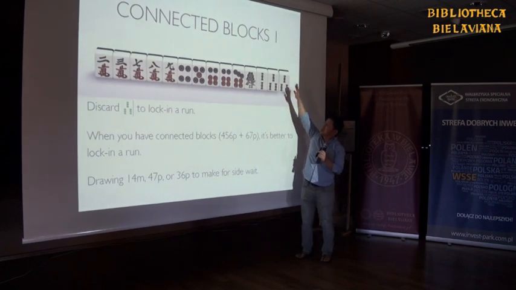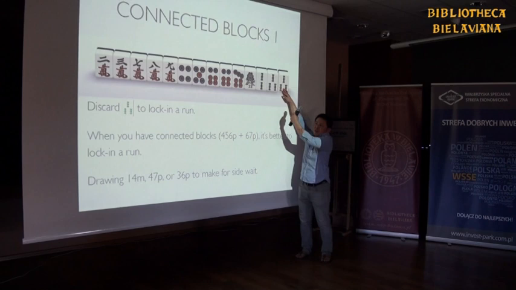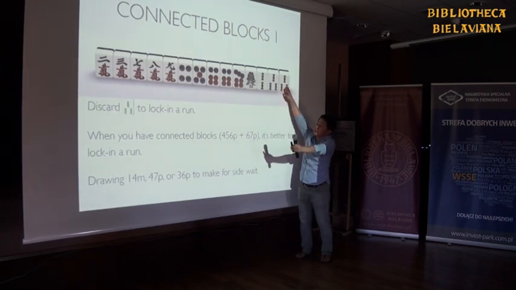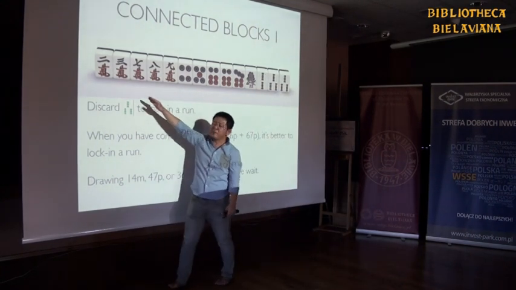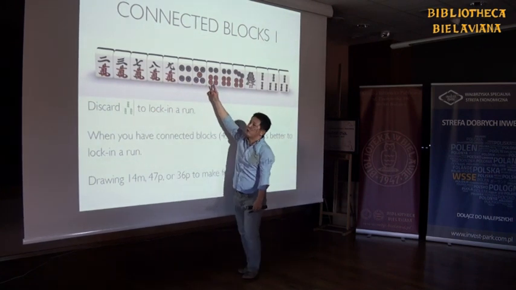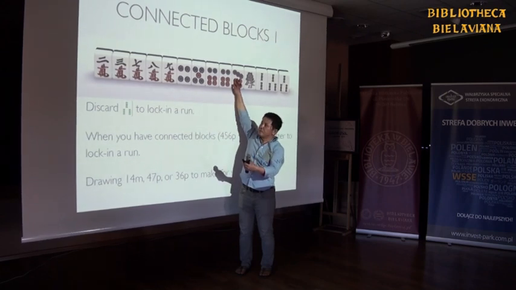So discarding 3 means that we are locking in a run without having any pair. But that's okay. That's actually recommended when you have connected blocks, because even if you draw a Ryanmen first, 1, 4, you can get Ryanmen wait here by discarding 7 to get 3, 6 wait, right?